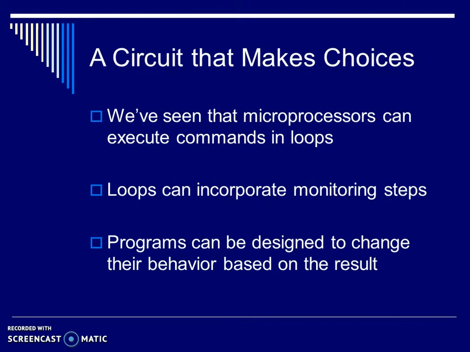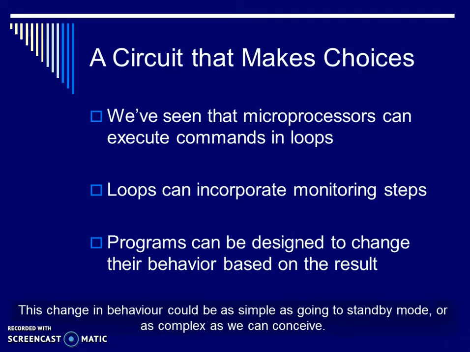And what this does is allow us to make our programs change their behavior based on what they sense. Sometimes that change in behavior will be simple, like go into standby mode. But really, it can be incredibly complicated if we need it to be.